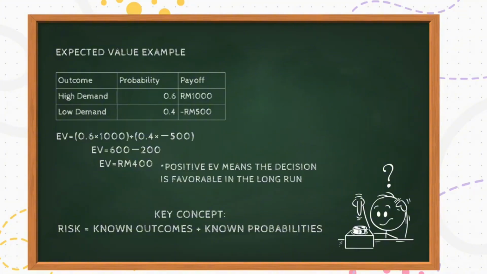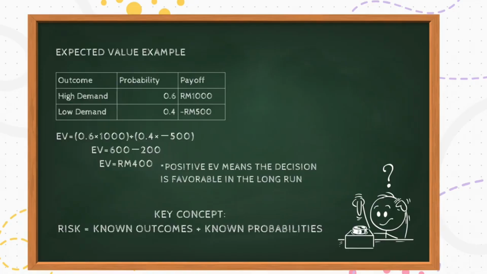Next is a 40% probability of low demand, which causes a loss of 500 ringgit. The formula of EV is EV equals probability times payoff. So the calculation is EV equals 0.6 multiplied by 1000 plus 0.4 multiplied by negative 500.